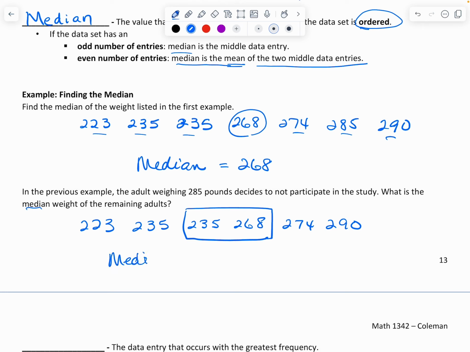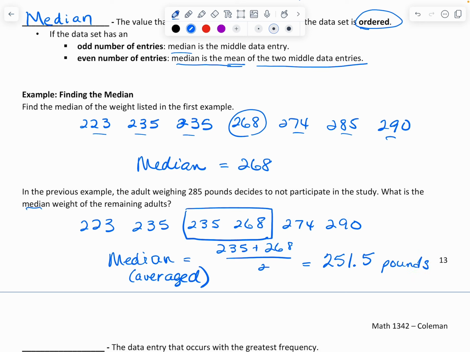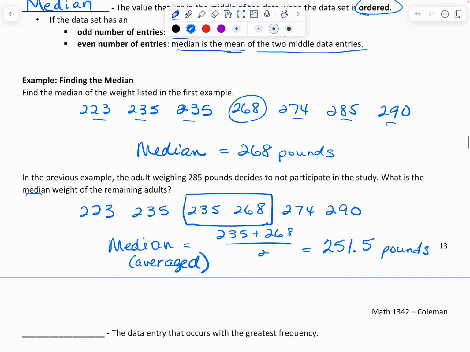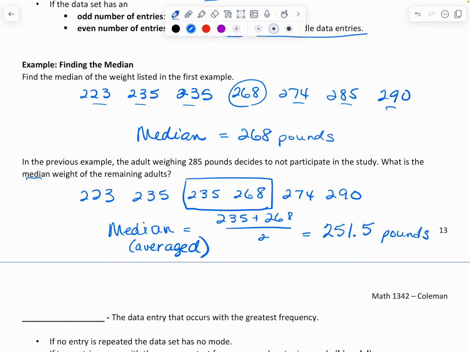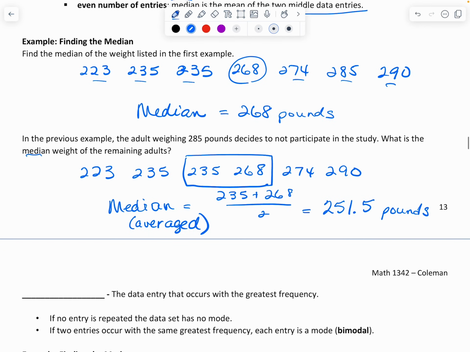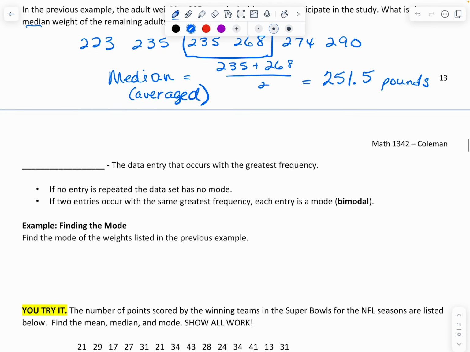So this time, my median has to be averaged. So I'm going to take the 235 plus the 268, divide them by 2, and I'll get 251.5 pounds. Odd numbers, it's directly in the center. Even number of entries, we do have to find the average.